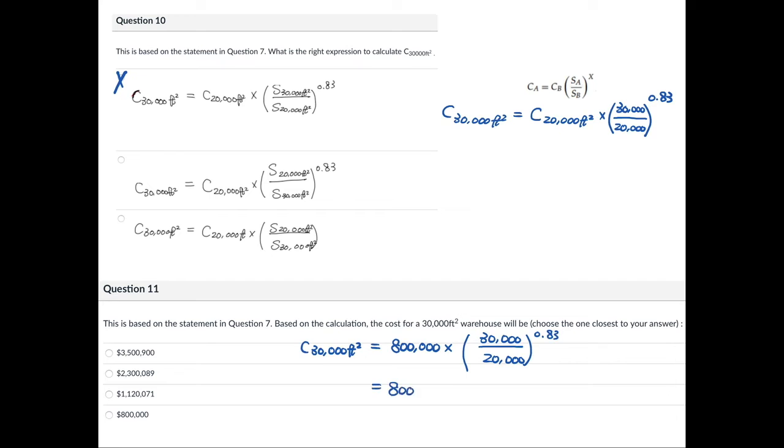So that is 800,000 times this equals to 1.5 to the power of 0.83. And 800,000 times this, what is this? This is 1.5 to the power of 0.83. Okay, let me use my calculator.